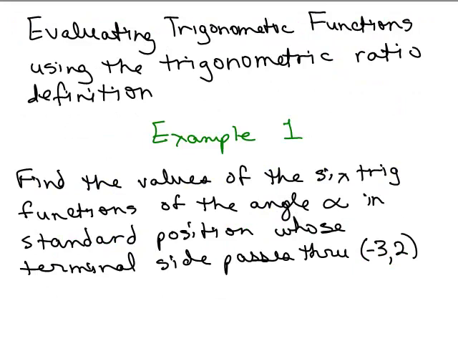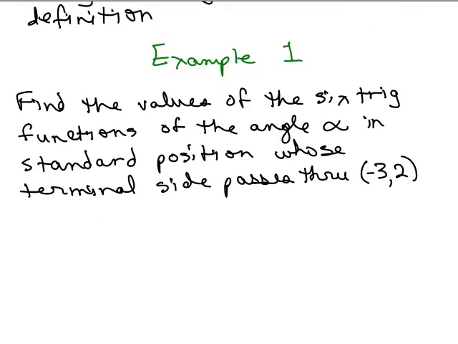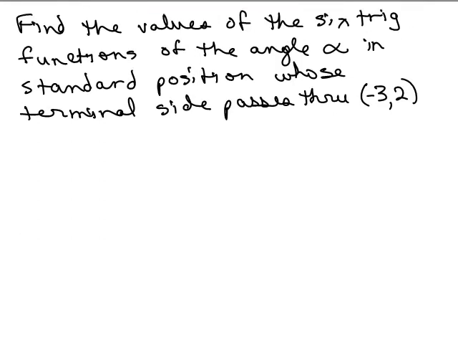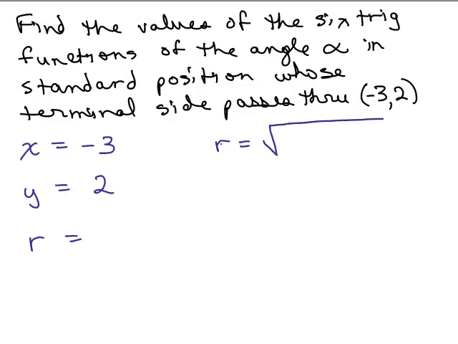All right, so here's our example again. So we do know x and y because that is given in this ordered pair. All right, so we know that x equals -3 and y equals 2. We need to find r. All right, so the definition of r is the square root of x squared plus y squared, right?